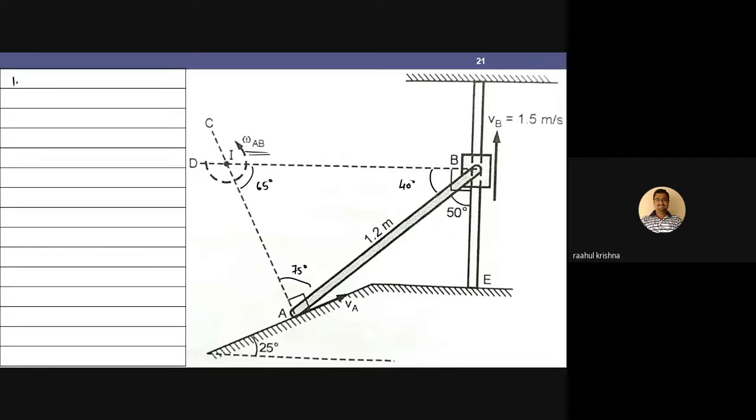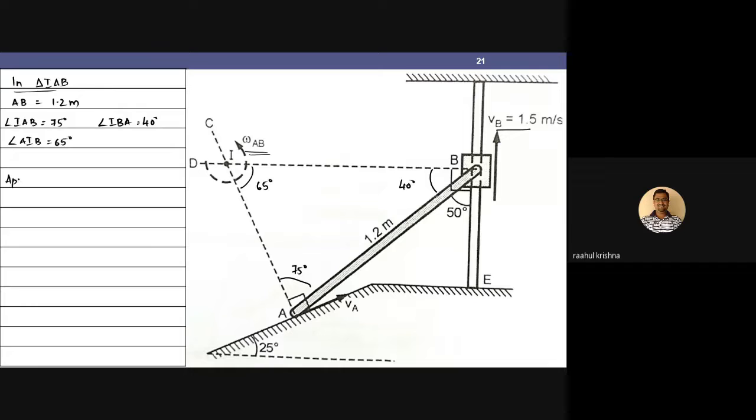Okay. So now I have the velocity, VB I know. Now in triangle IAB, my length AB is 1.2 meters, angle IAB is 75 degrees, angle IBA is 40 degrees, angle AIB is 65 degrees.